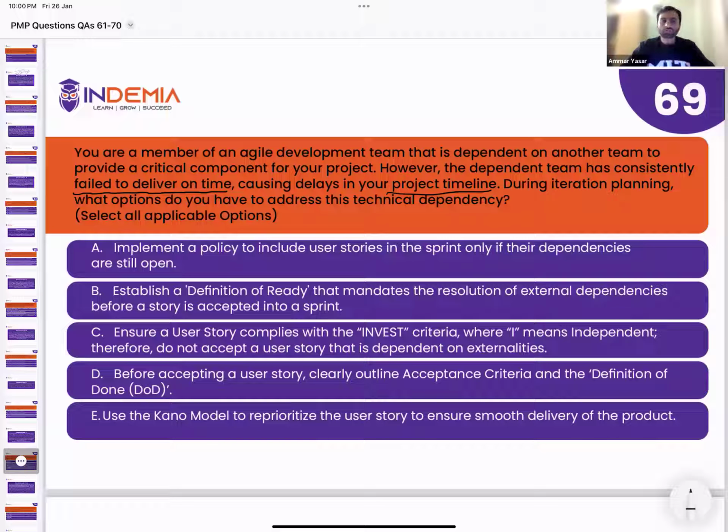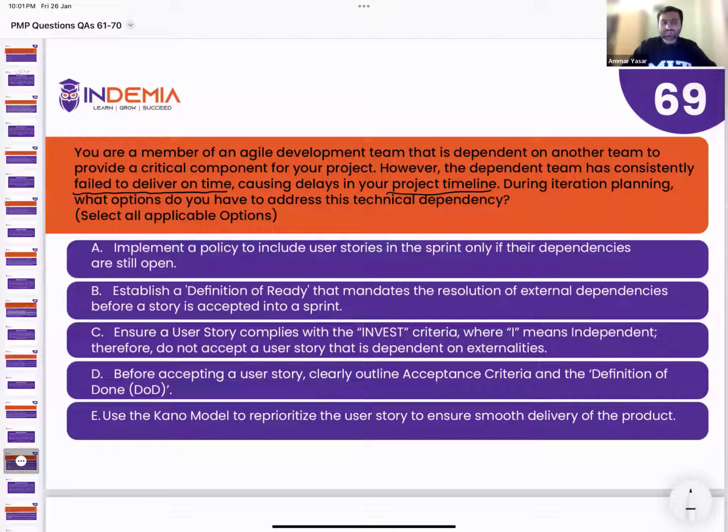Like a user story has been prioritized, estimated, sliced, and broken down into different tasks. All the predecessor and successor activities have been listed, so it is ready to start the work.